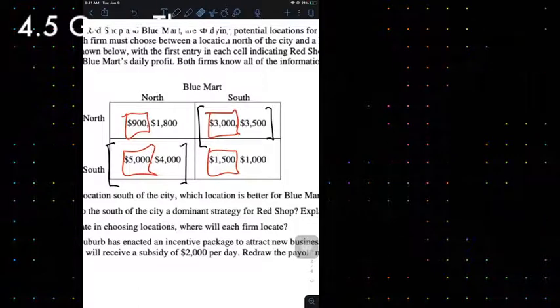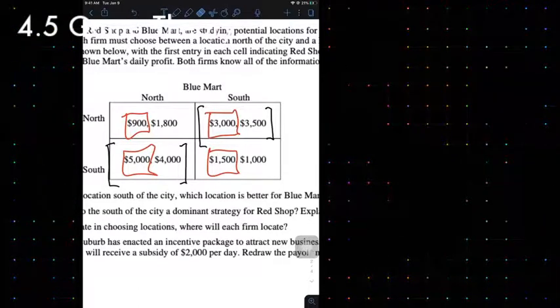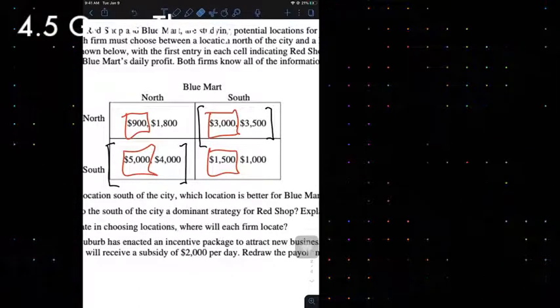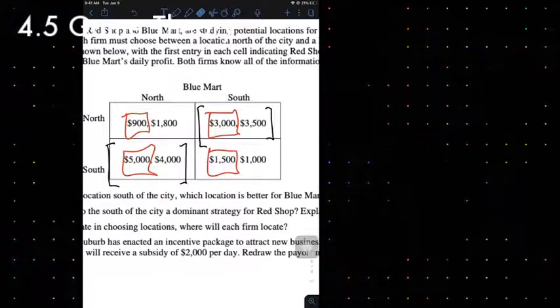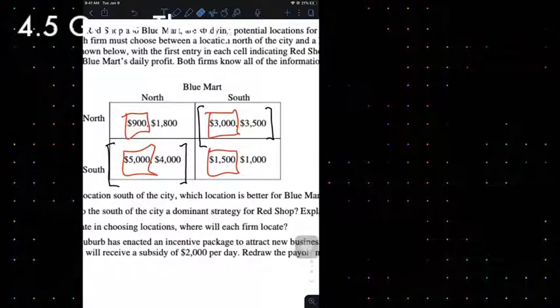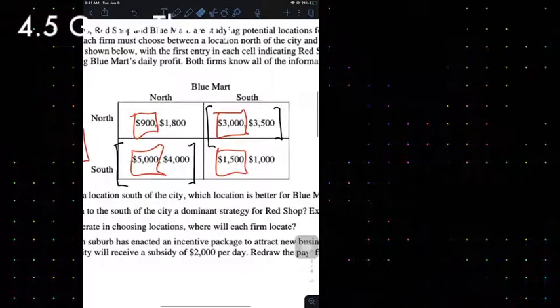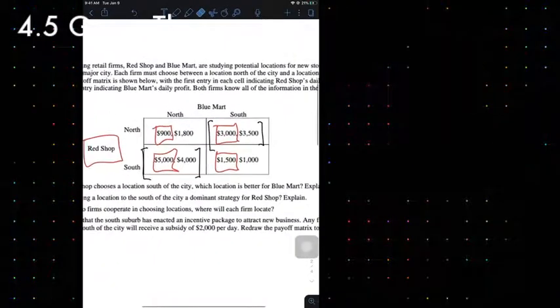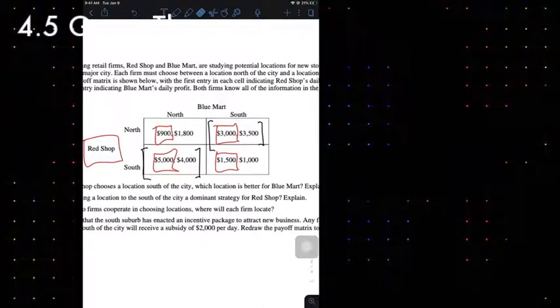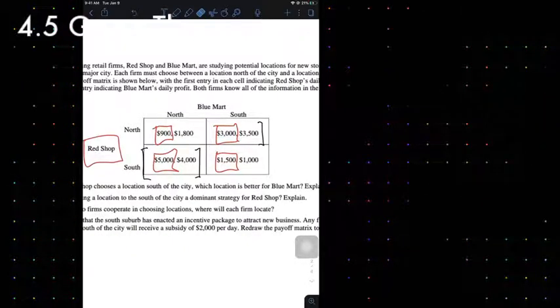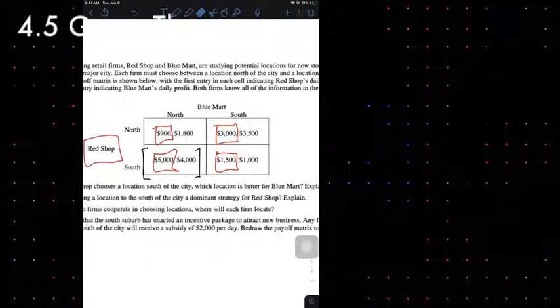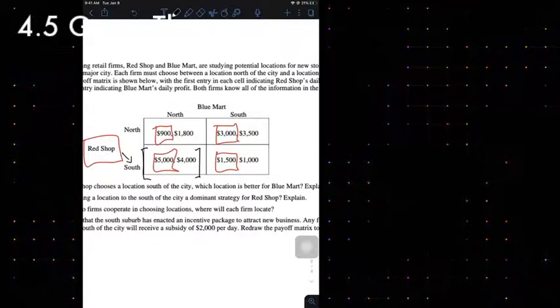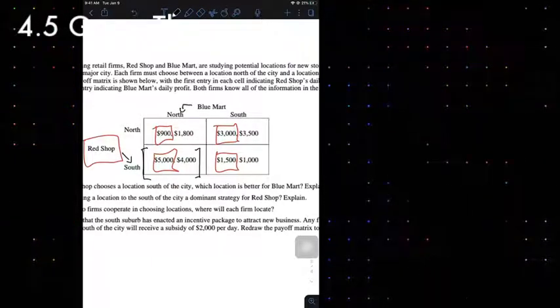And I say, that profit differential is important, but would Blue Mart rather have $3,500 or would they rather have $4,000 of profit, right? They would rather have $4,000 of profit, even if Red Shop is making more than them, right? And so the best answer here would be Red Shop goes south and Blue Mart goes north.